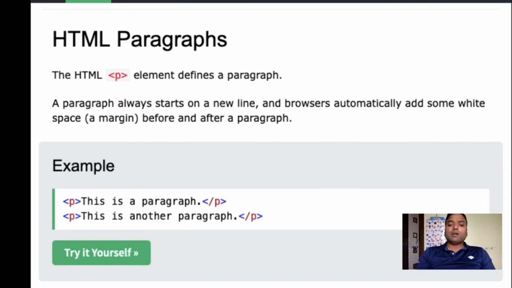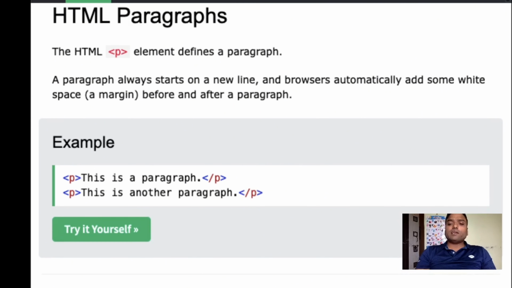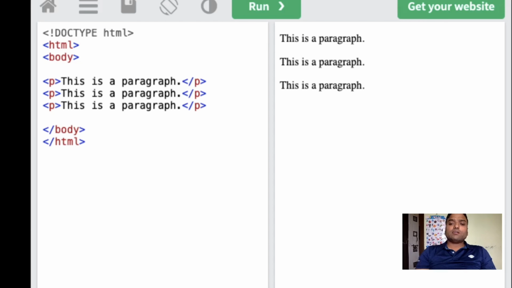It is simply a block of text. The browser will automatically add some white space before and after the end of a paragraph, like in headings. That will be done by the browser itself. Like in this, this is a paragraph, this is a paragraph.